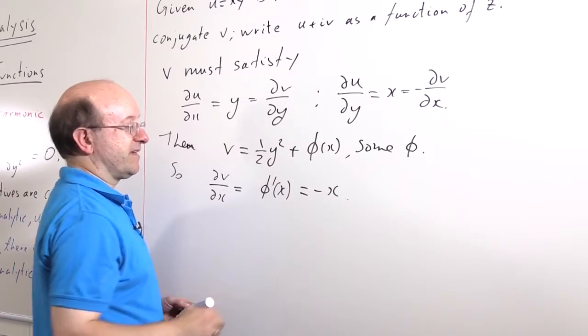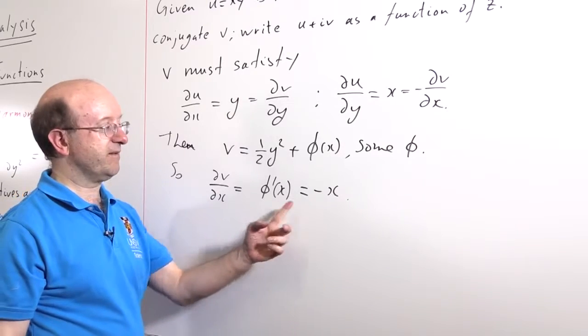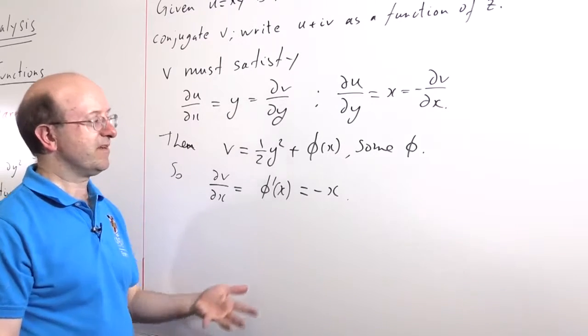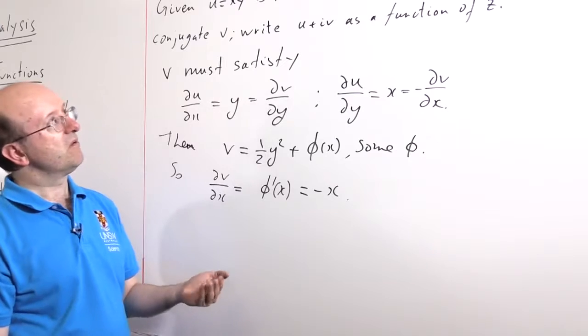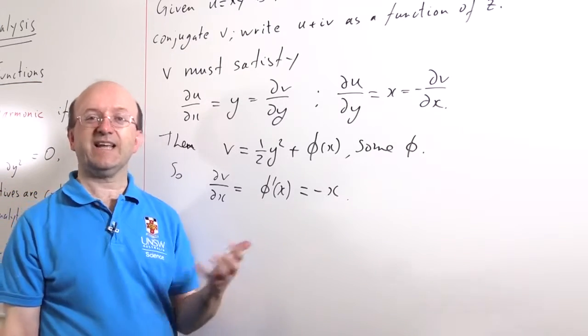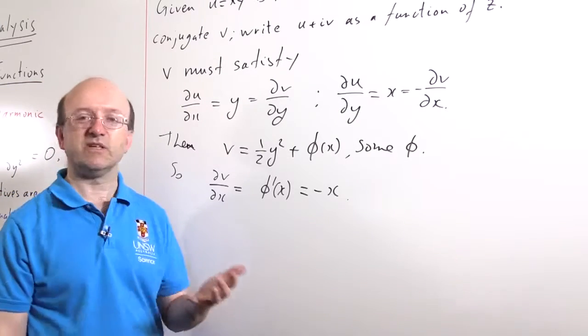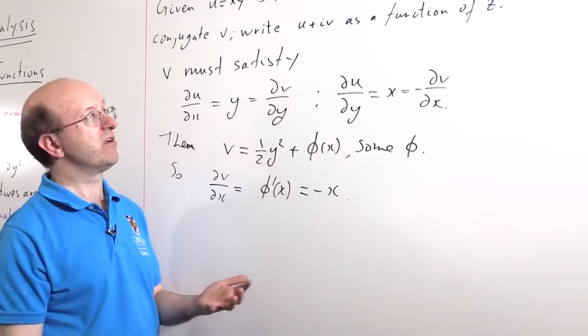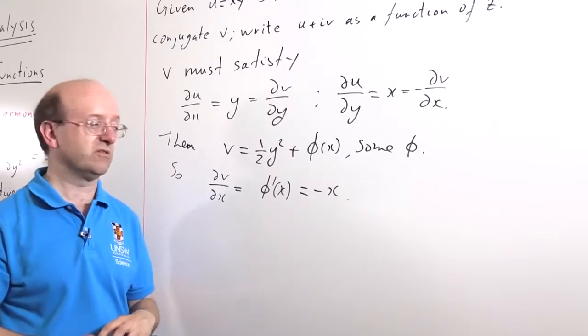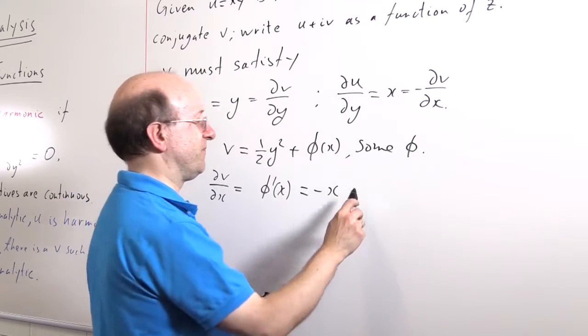So since phi dashed of x is minus x, phi must be minus 1/2 x squared plus some arbitrary constant. Well, the question only asked us for a harmonic conjugate, so we don't need to bother with the arbitrary constant if we don't want, and we'll decide to not want. We'll just not bother.